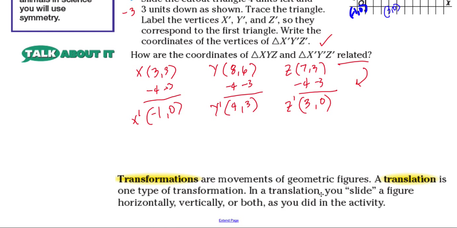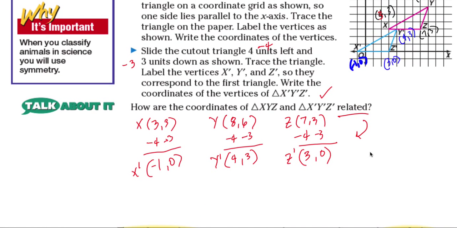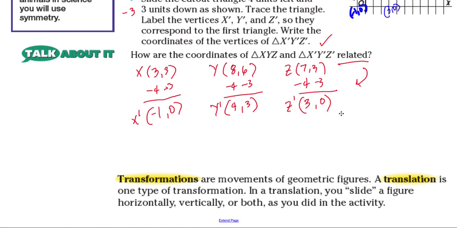In a translation, we basically slide a figure horizontally, vertically, or both, as you did in the activity. What we did here is we slid our figure, the pink figure, to the left and down. So sliding is a type of transformation called a translation.